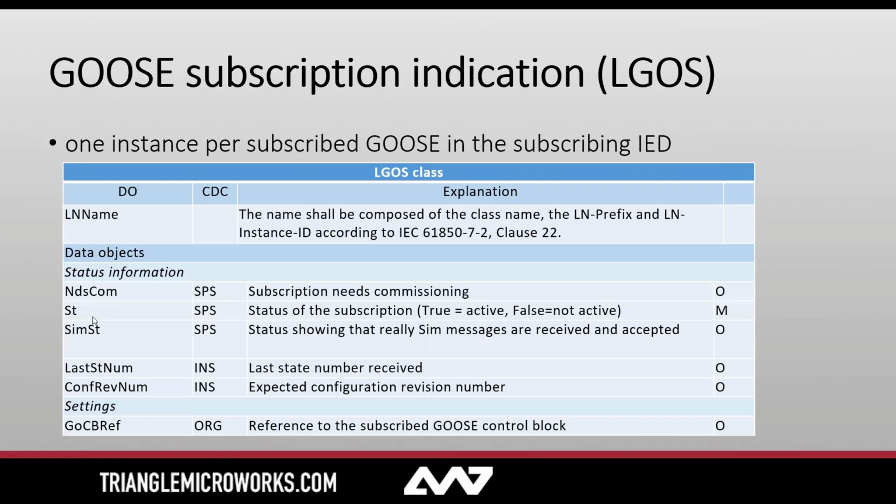The simulate status that I mentioned before is where you would indicate that it gets a simulated message as well. I hope that answered the question. We have additional information like which was the last state number that we received from Goose, and what is the expected configuration revision number. That can also be helpful in some problems when we don't really subscribe correctly. That can be a misconfiguration or whatever. So you can get a lot of valuable information out here.